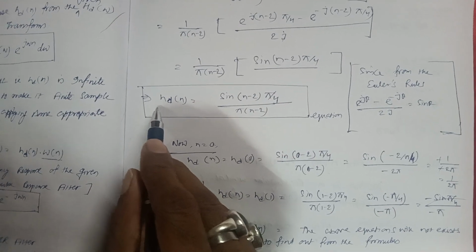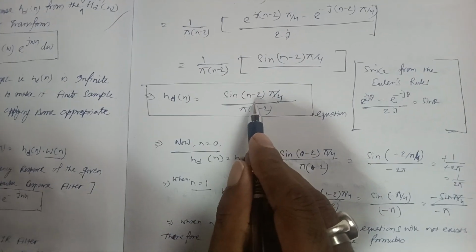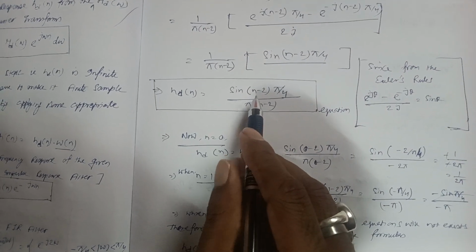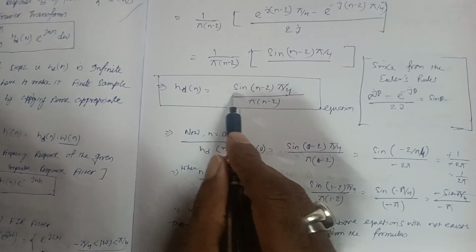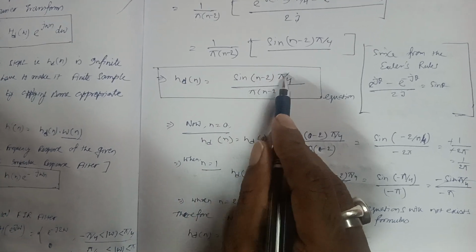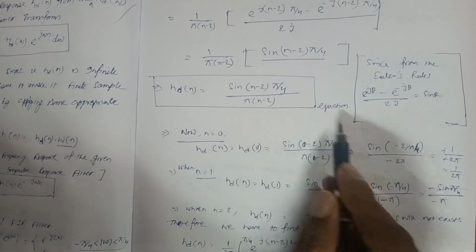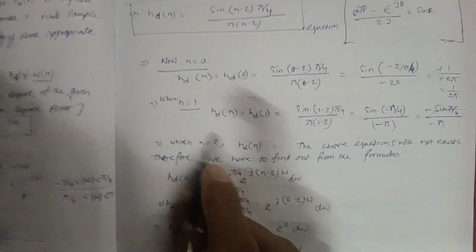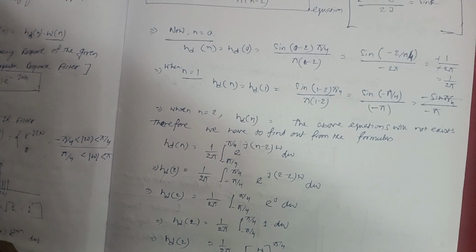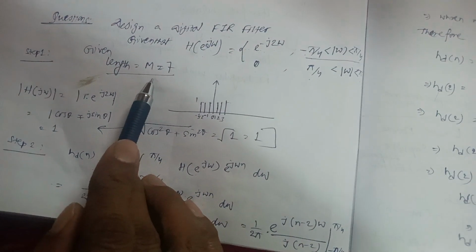So finally we got h_d of n, the inverse Fourier transform of H of e to the power j omega, equals sine of n minus 2 into pi by 4 by pi into n minus 2. This is the equation. Now suppose we have taken the sample length 7.